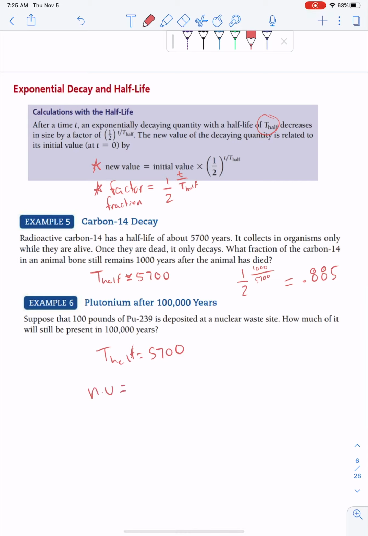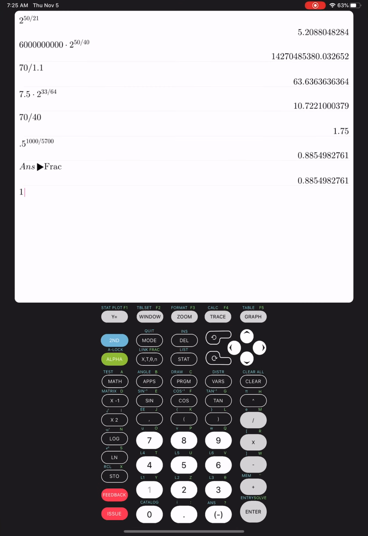So our new value is what we started with, 100 pounds, times 1/2 raised to the 100,000 divided by 5,700. So we're going to do 100 times 1/2 raised to the 100,000 divided by 5,700.